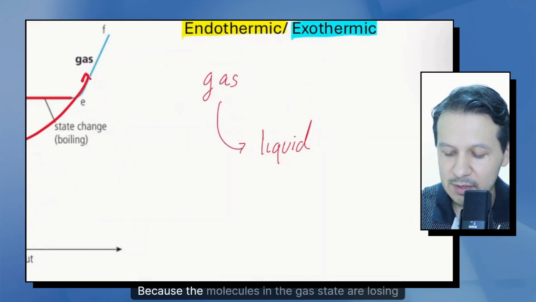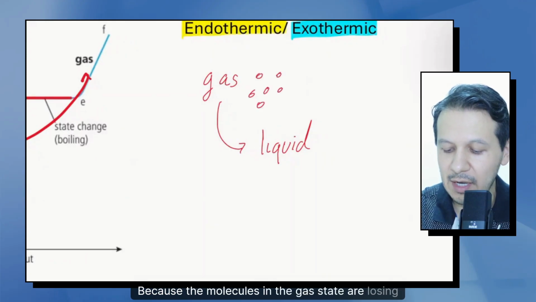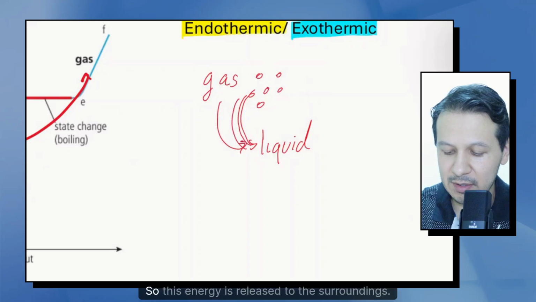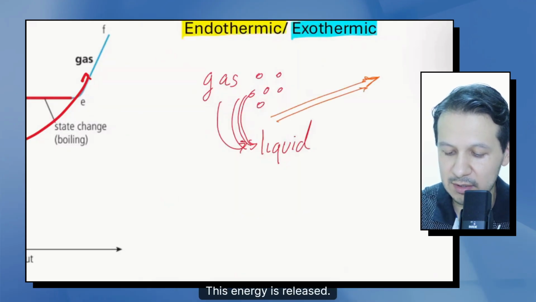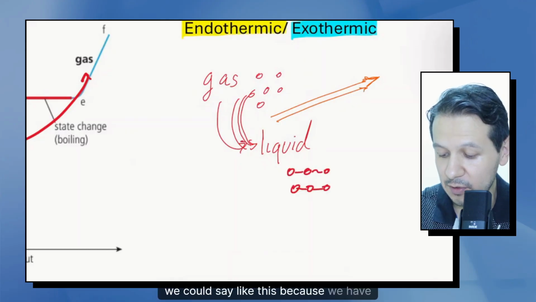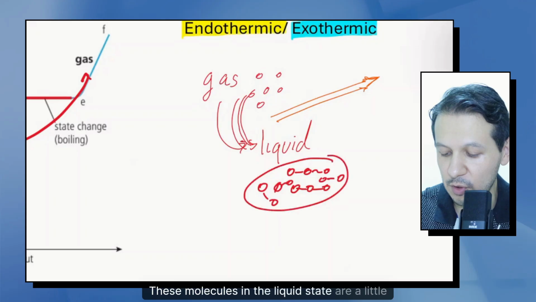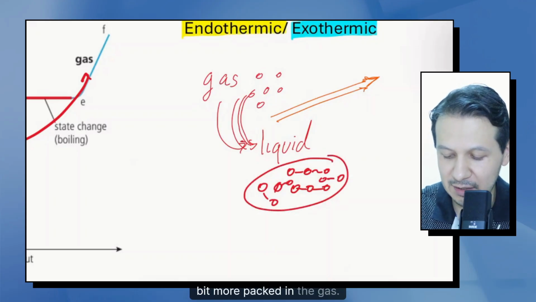Why? Because the molecules in the gas state are losing energy, and when they pass to the liquid state, this energy is released to the surroundings. Remember that a liquid is not a solid; there is movement in these molecules, but they are a little more packed than in the gas.